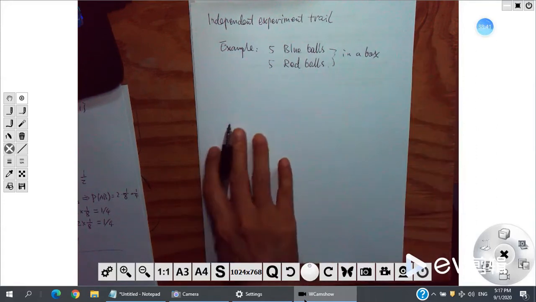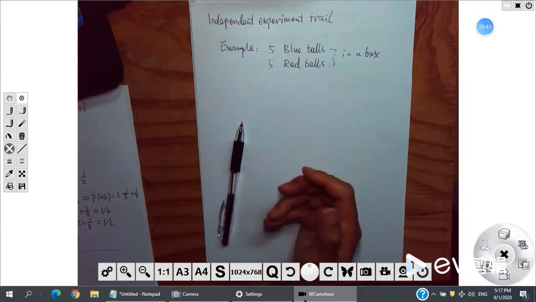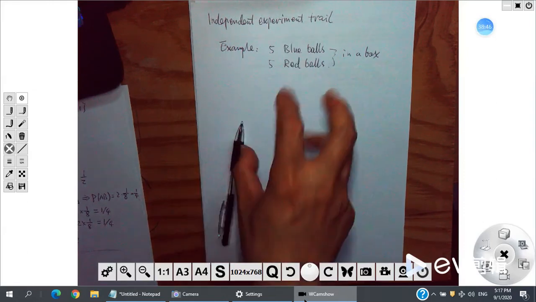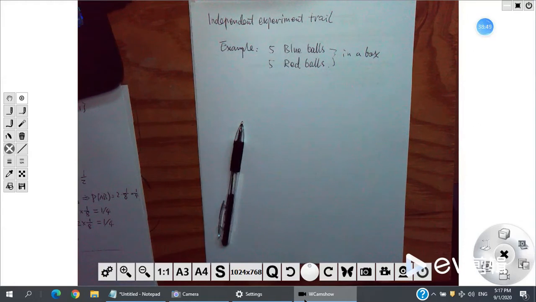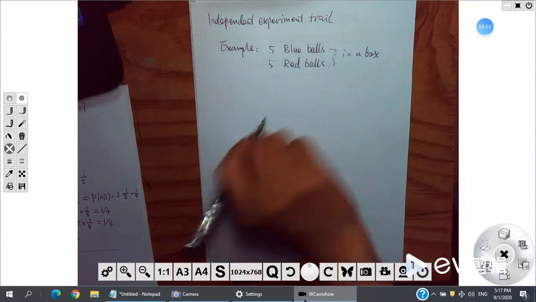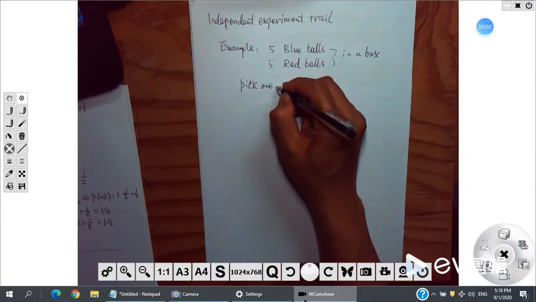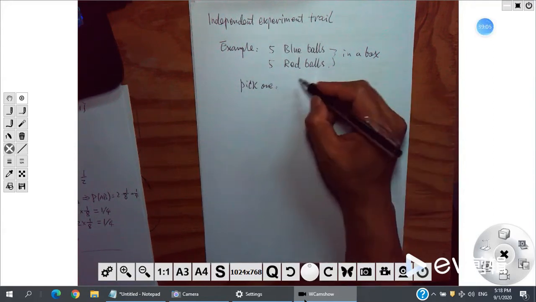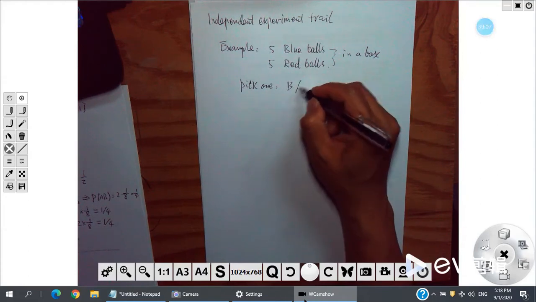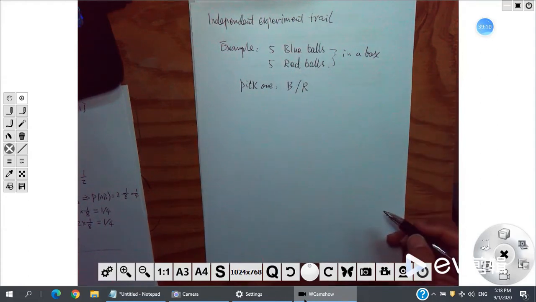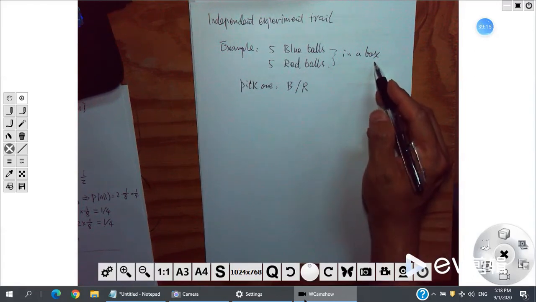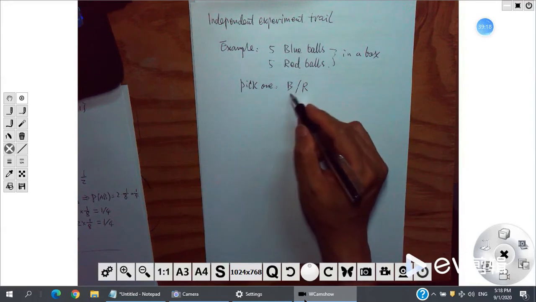The bars have the same size, made by the same material. So if you just touch one, you do not know what the color of it is. So now you pick a bar out of the box. Pick one. You will have the result blue or red, right? So this is an experiment. You pick a bar from the box, and you check the color of it.